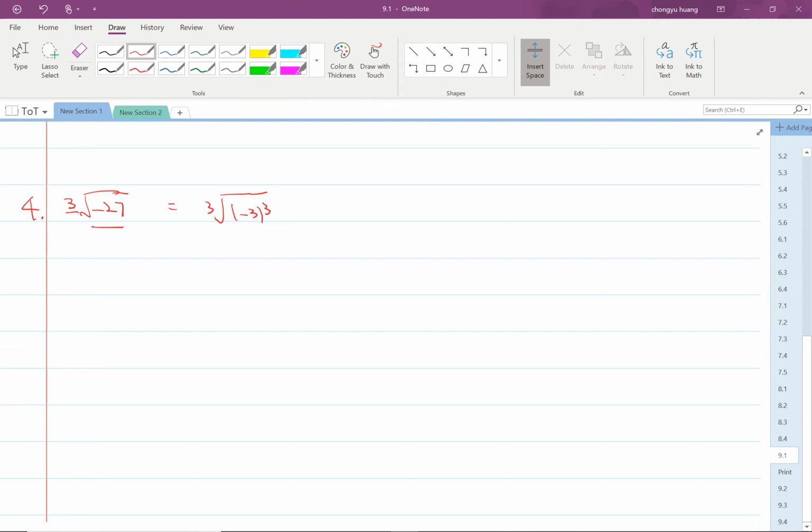So now you can see we have a cubic root, and we have something to the power 3. So those things get cancelled out, and our final solution will be negative 3. As you can see, negative 3 is a real number, so that means it is going to be a rational number.